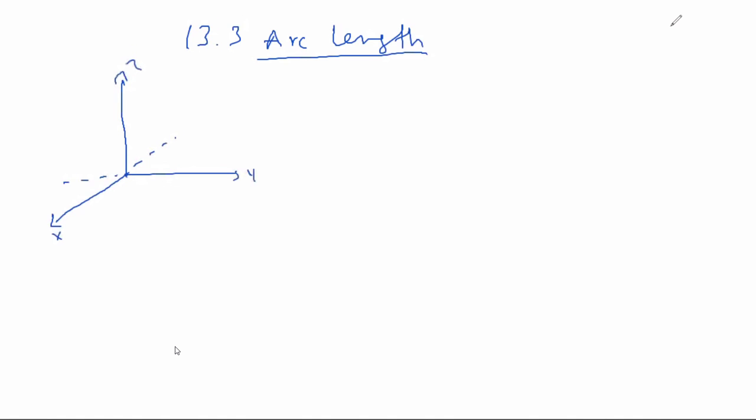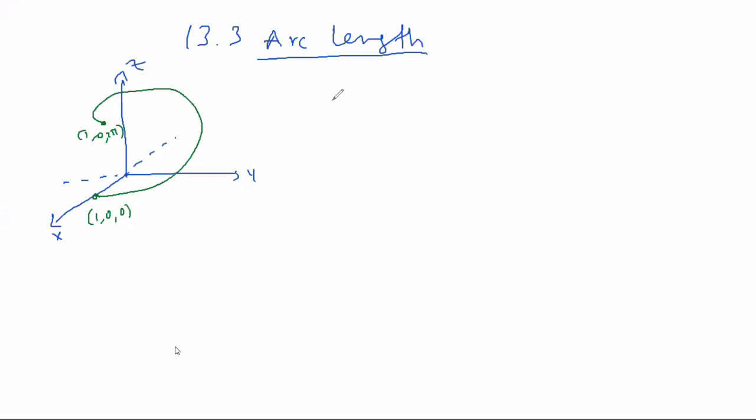And let's say you have a helix. The helix starts from 1, 0, 0, and stops here. So you go from 1, 0, 0, and this point is 1, 0, 2 pi.